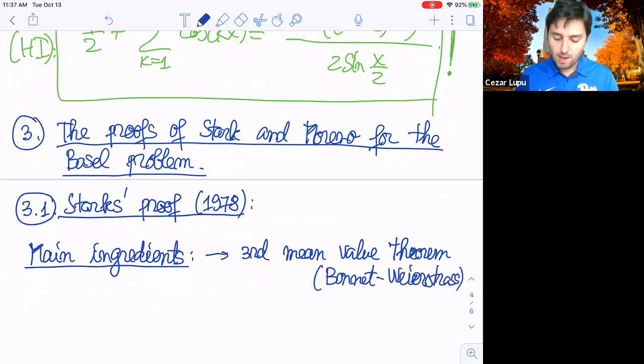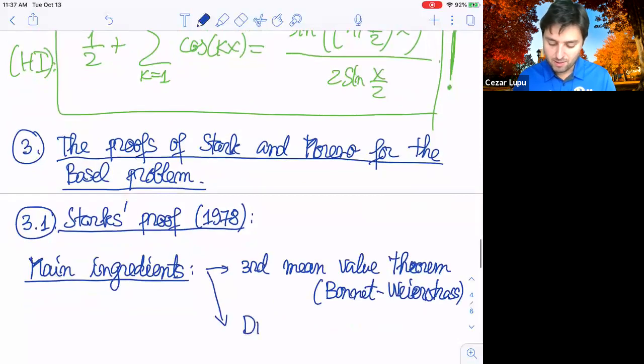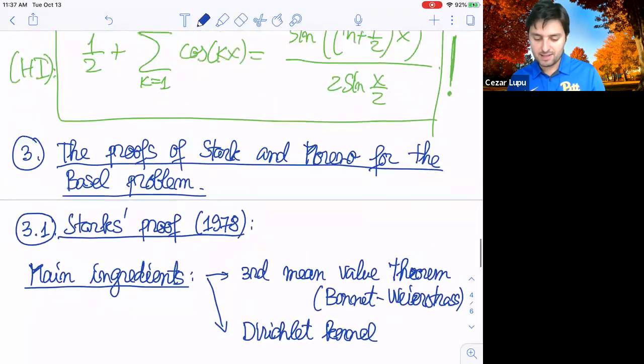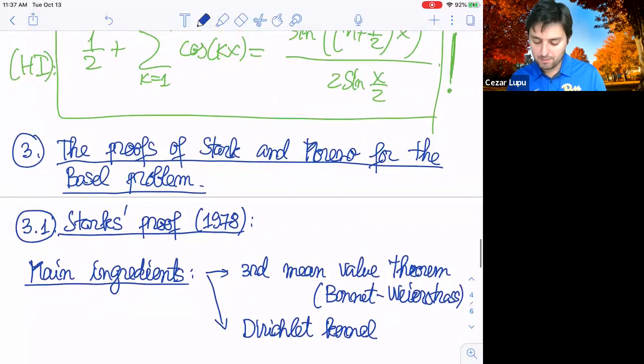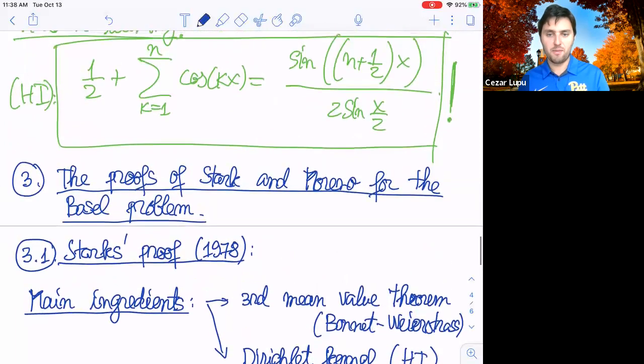And the other ingredient is the Dirichlet kernel, but more exactly it is this hidden identity that you see here.